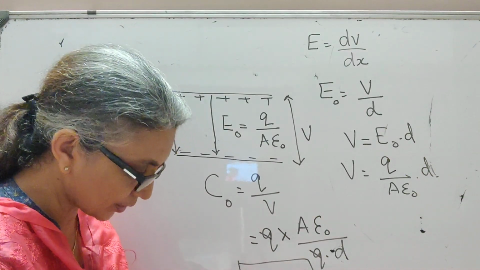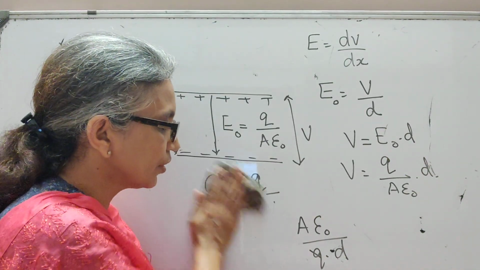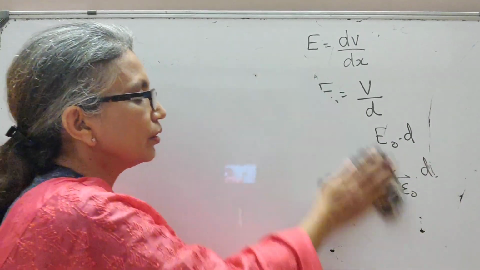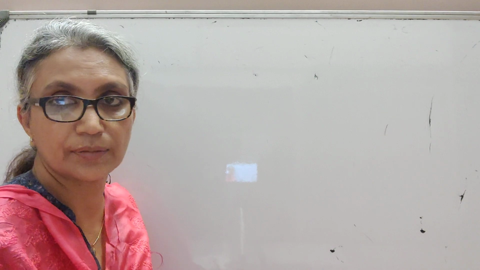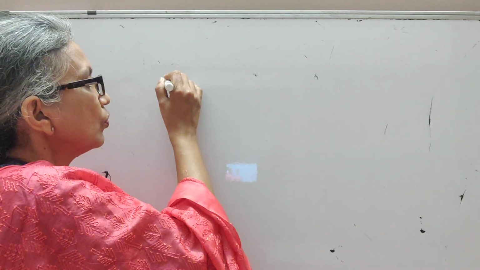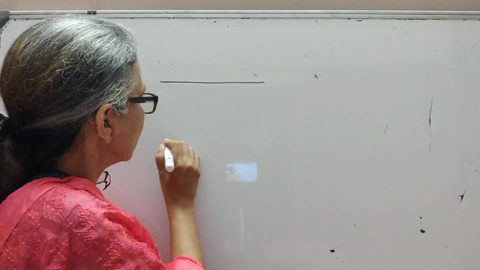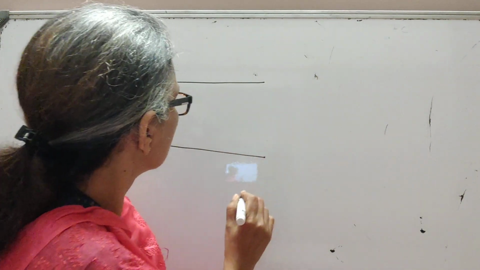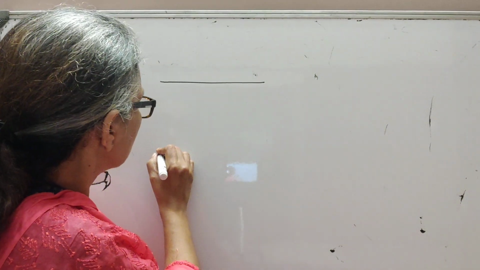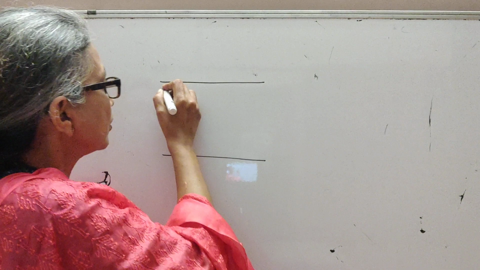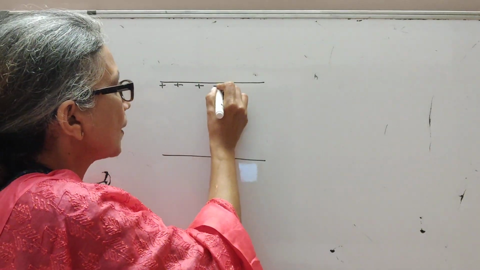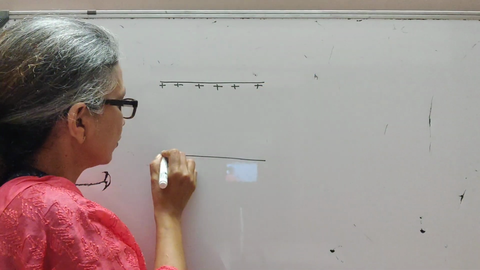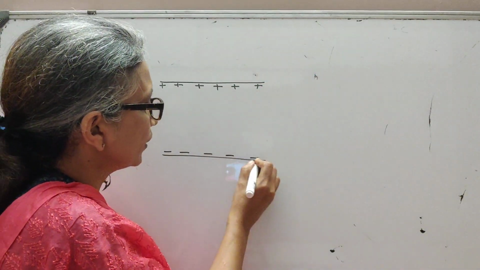We have our next derivation, which is the capacitance of a capacitor when you insert a dielectric between the plates. So we go back to our parallel plate. The top plate I'll keep as positive and the bottom plate I'll keep as a negative plate.